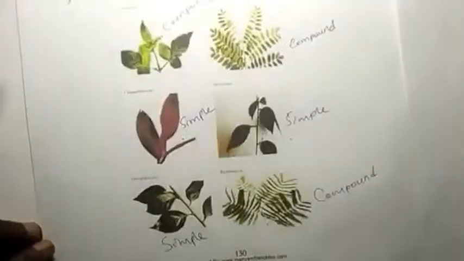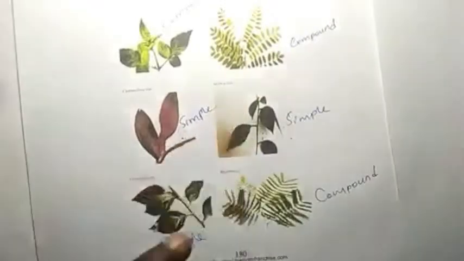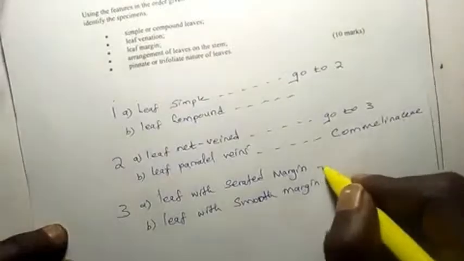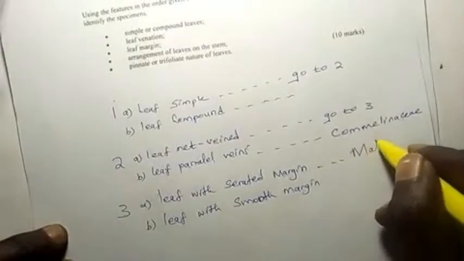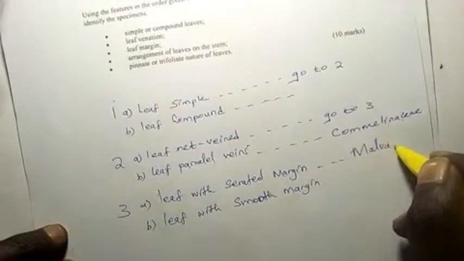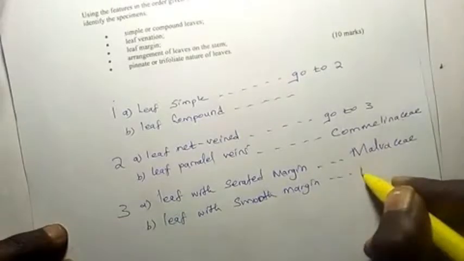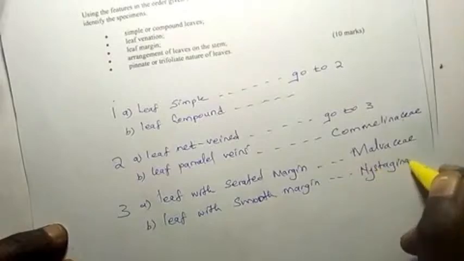Then you identify there are only 2, the Malvaceae and the Nyctaginaceae names. Here this is the Malvaceae, and here this is the Nyctaginaceae. Then we have finished with the simple leaf.